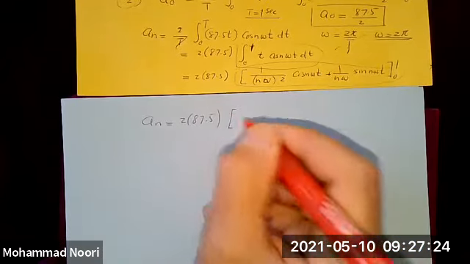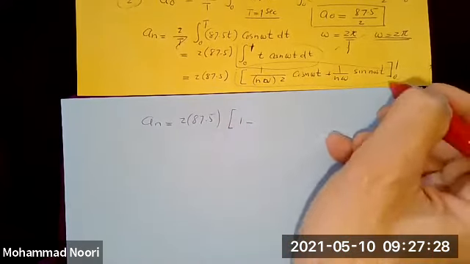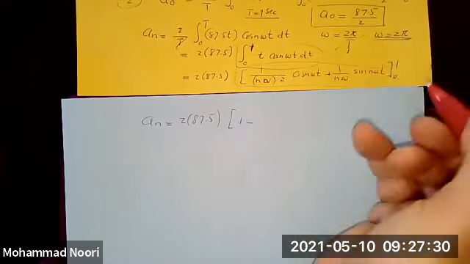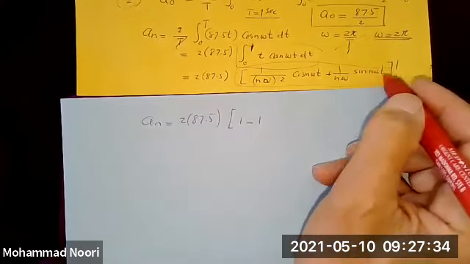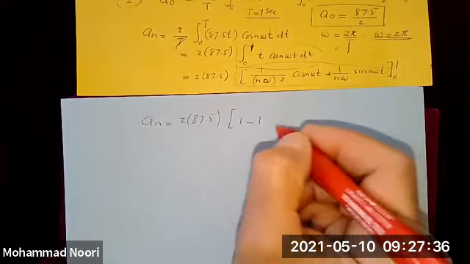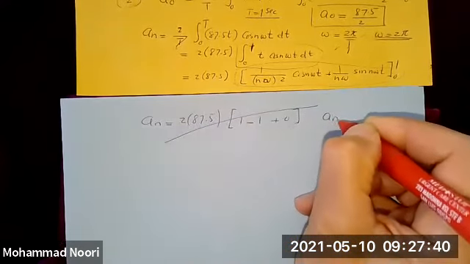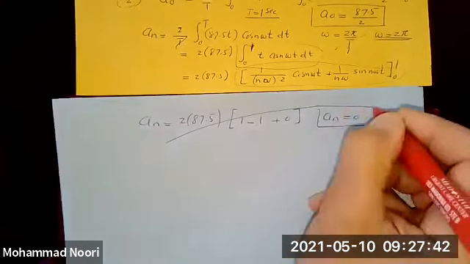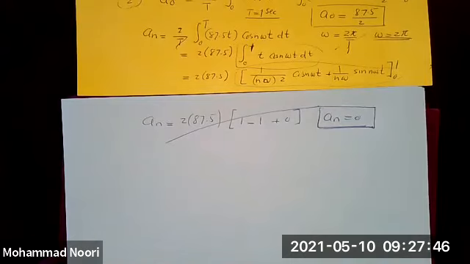Okay, so this would be 1 minus 0, which is also cosine of 0 is 1, plus sine of 2 pi, which is 0. So a_n comes out to be 0. Any question on that?